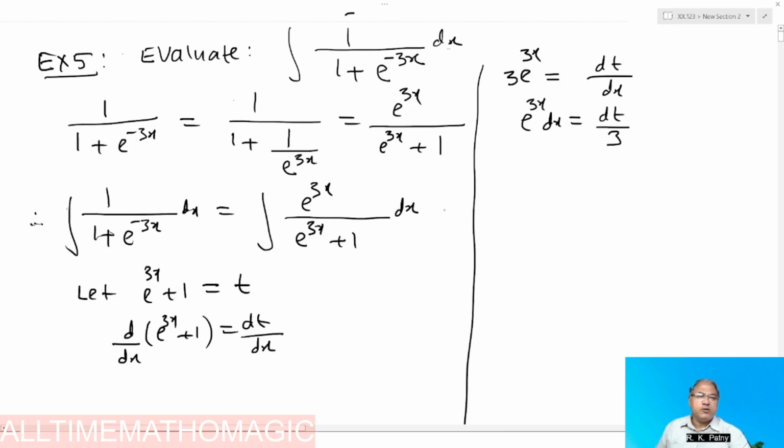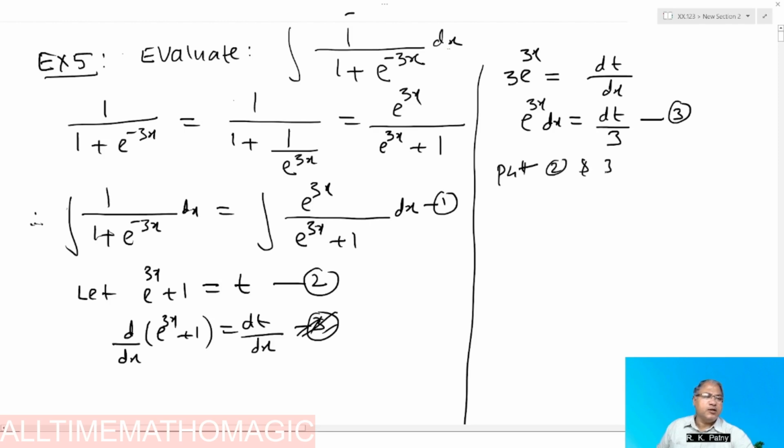Now, this given question was 1, and this was 2 and this was 3. Now from 2 and 3, putting 2 and 3 in 1, we get I equals to, first of all, I can be written as 1 upon e raised to 3x plus 1 multiplied by e raised to 3x dx.